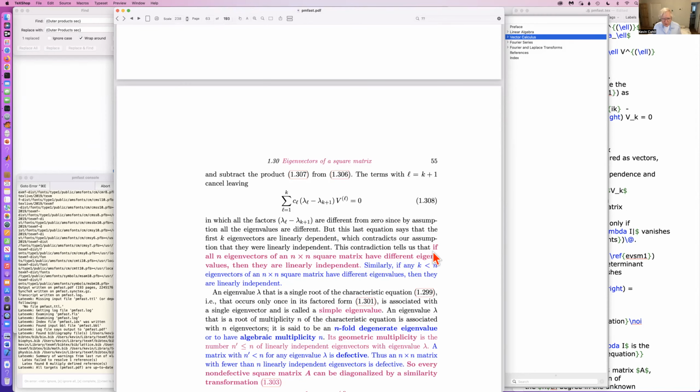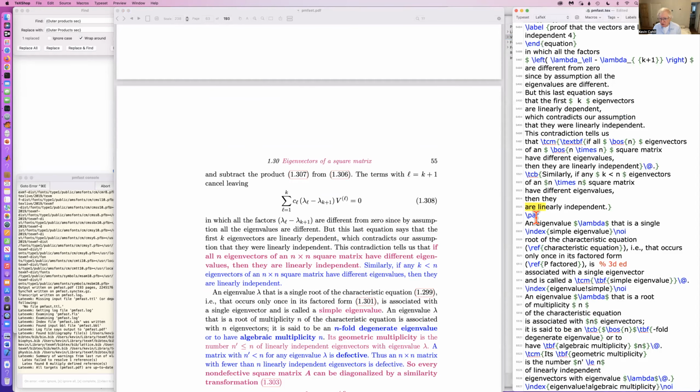And one also finds that if all the eigenvectors of an n by n square matrix have different eigenvalues, then they're linearly independent. If any k of the n eigenvalues of an n by n square matrix are different, then those k eigenvectors too are linearly independent.